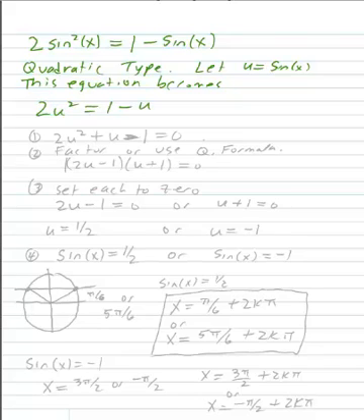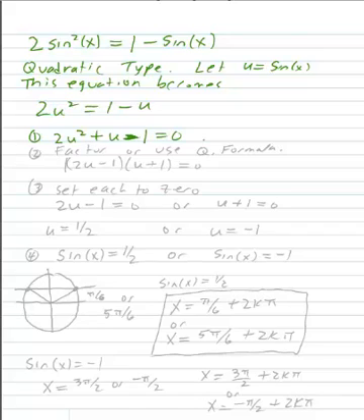And so we can solve this new modified equation by writing this in standard form, right? With standard form, we would have 2u squared plus u minus 1 is equal to 0. So there's standard form.